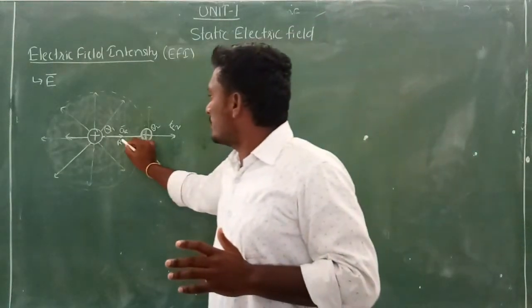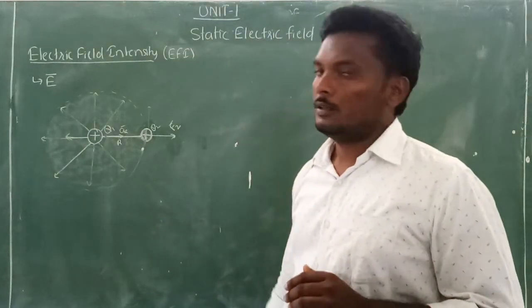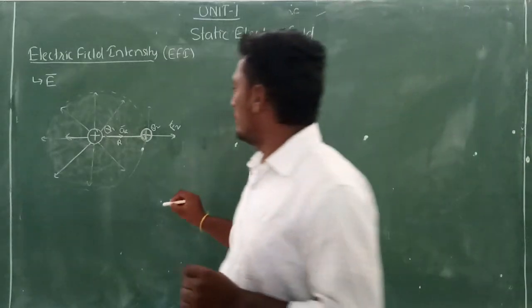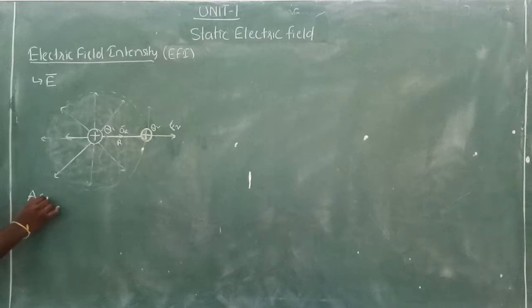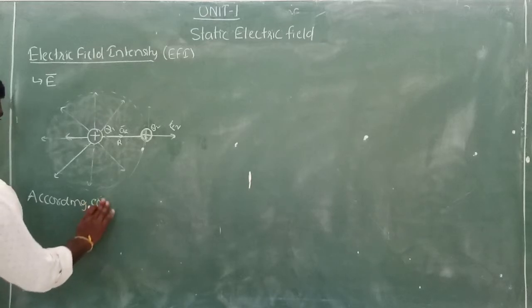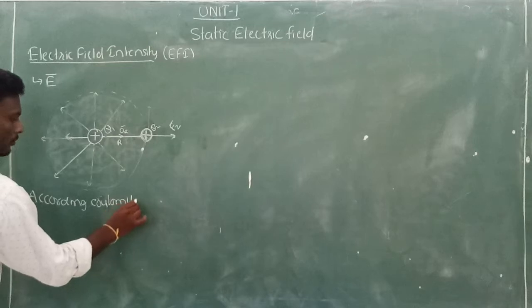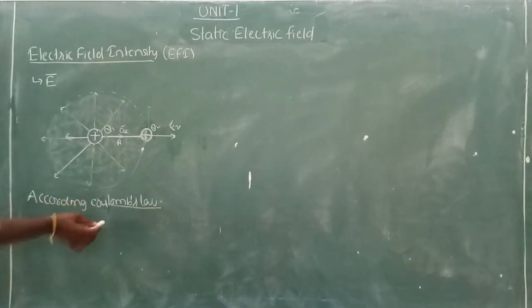Now I am writing the expression for the force exerted on Q2 due to Q1. According to Coulomb's law, what is the expression for the force on Q2?